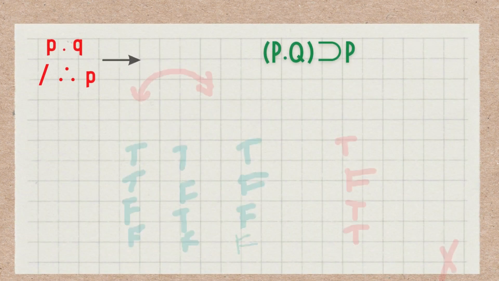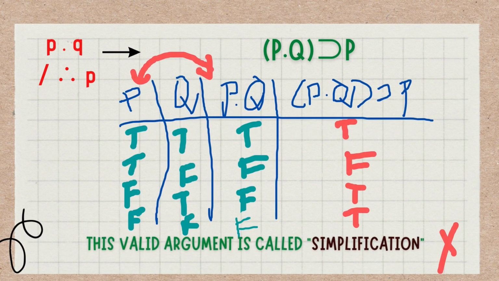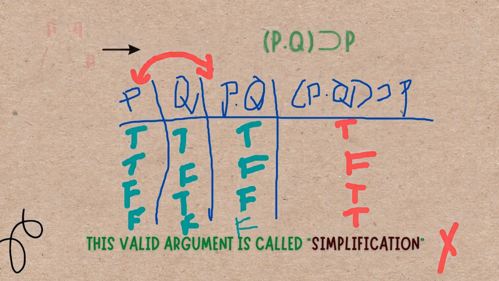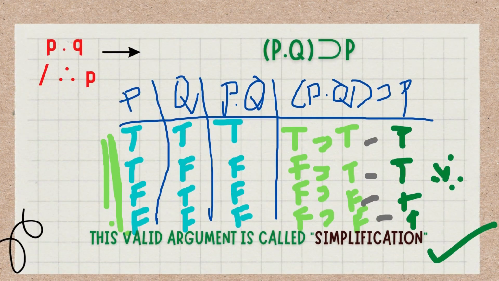If you take the P column first and the second column as P dot Q, and you write it like T, T, F, F, F, F, F, T F will automatically be false, then it will look like this is not a valid argument, this is an invalid argument. So it will be like that. So this P dot Q, therefore P argument is known as simplification.